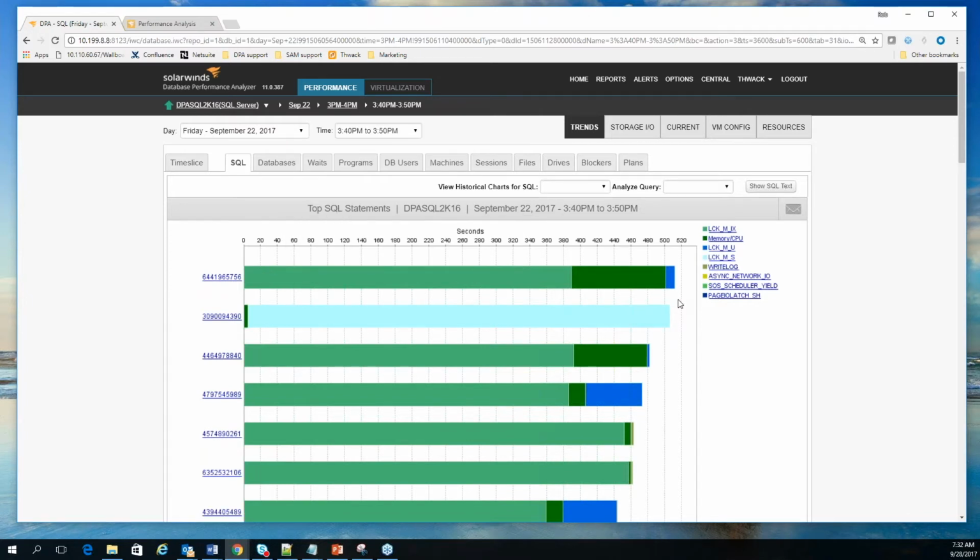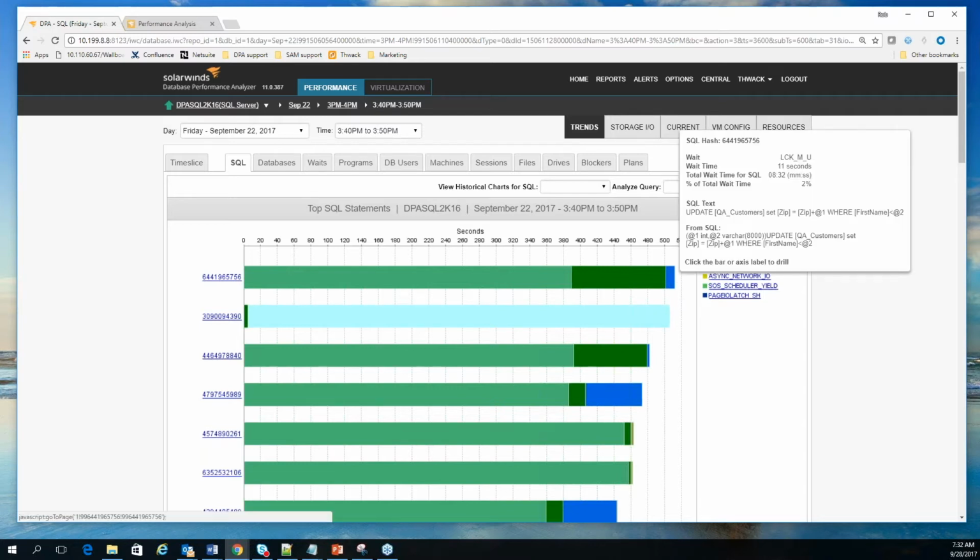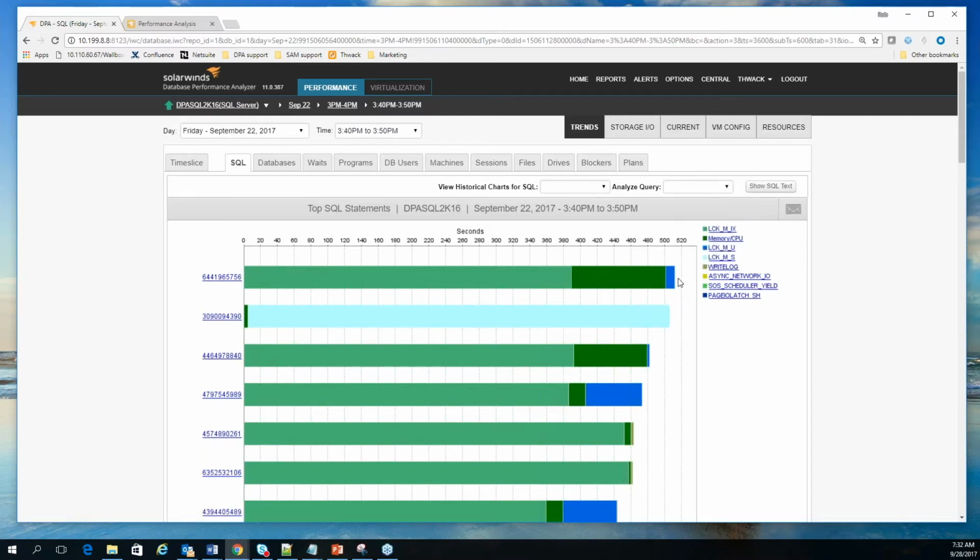I can see the overall impact to my end users from a time perspective. So in a 10-minute time period, I'm almost at 10 minutes of service time for my end users for this query anyway.